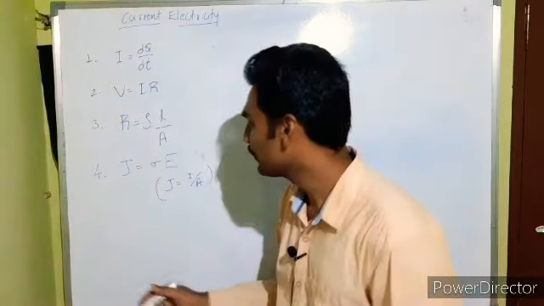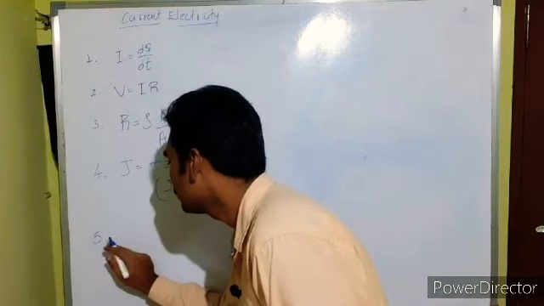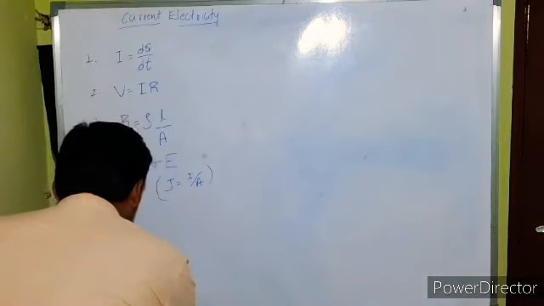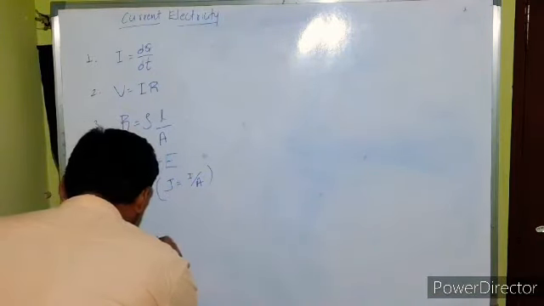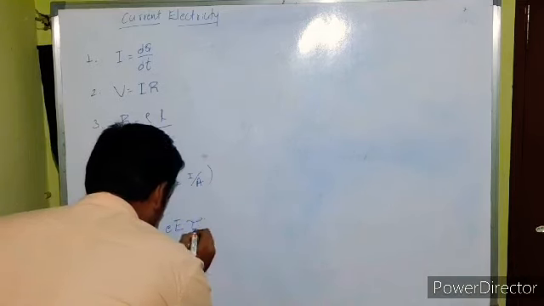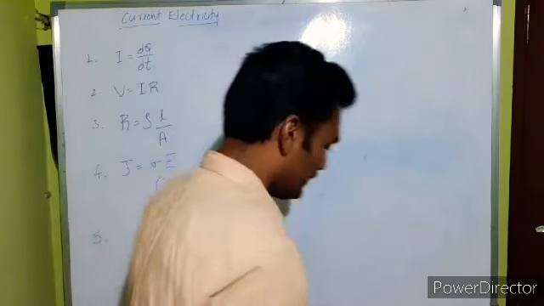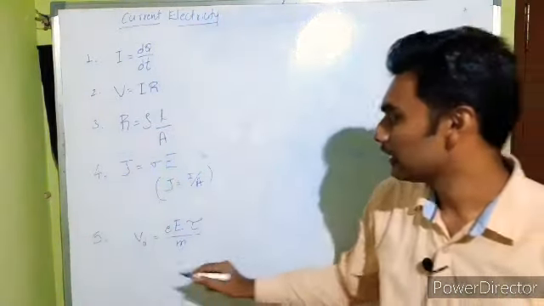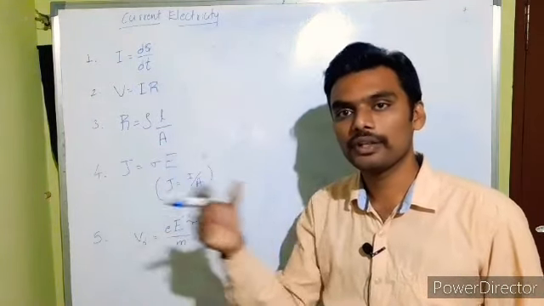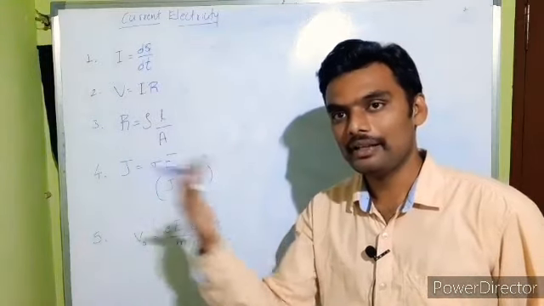Next is drift velocity. Fifth one, drift velocity is given by Vd is equal to e tau E by m. This is the formula for drift velocity, where Vd is the drift velocity of the electrons moving inside the conductor, the velocity with which they drift.